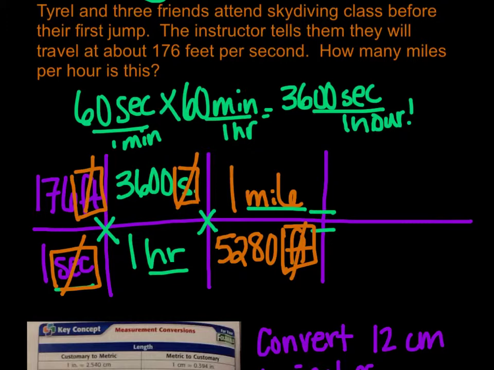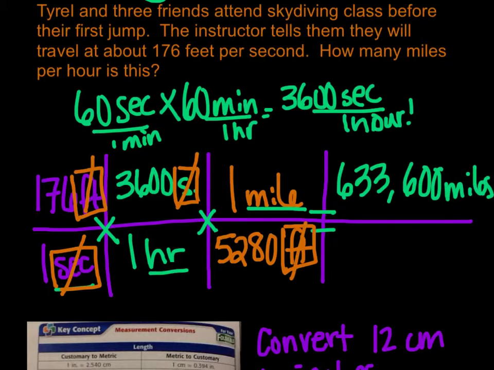So if I do all of this math, I have this information. I have to do 176 times 3,600, which gets me 633,600 feet, or miles. I need to say miles here because it's no longer feet. We just converted it to miles.